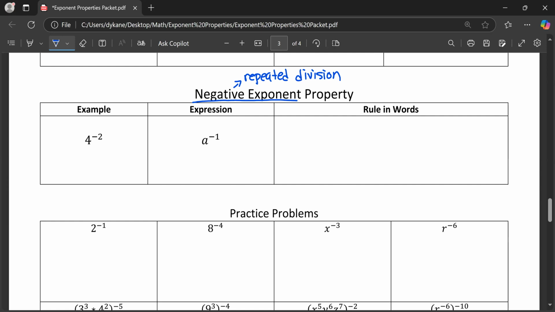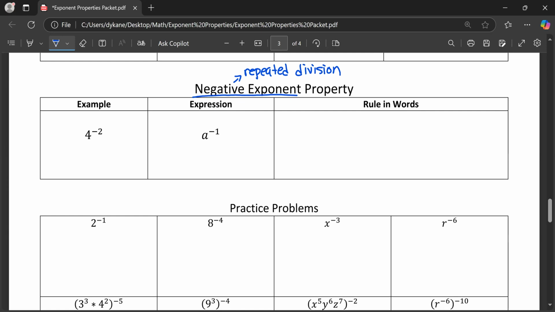So it represents repeated division. So we think about the exponent. We have our base here is 4. This negative tells me I'm going to divide, and the 2 tells me how many times I'm going to divide, right? So I'm dividing by 4 twice. So we can think about this as a fraction, right?